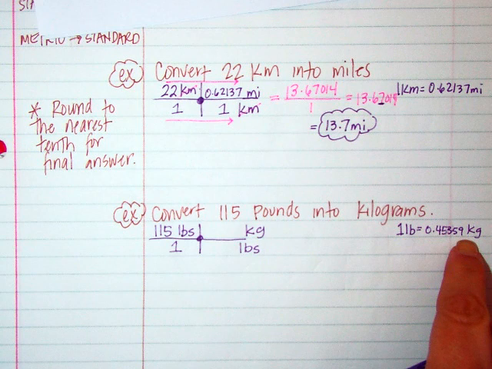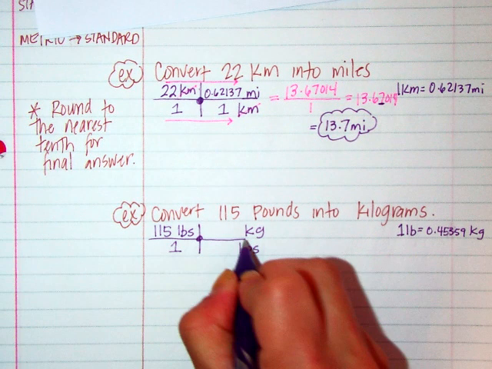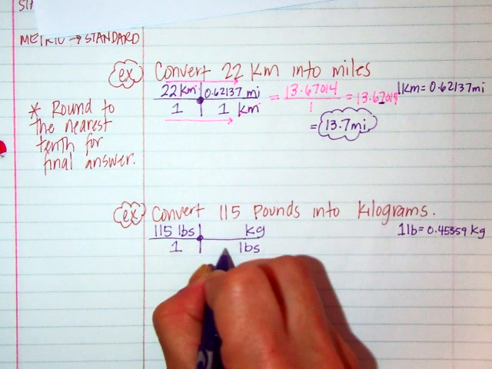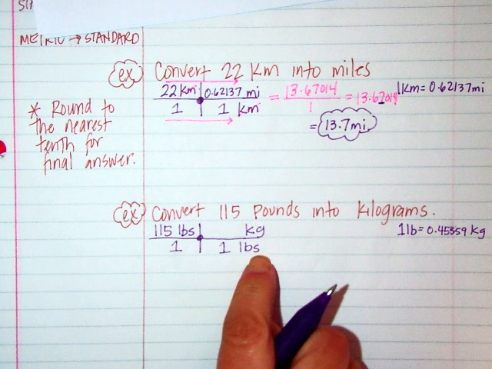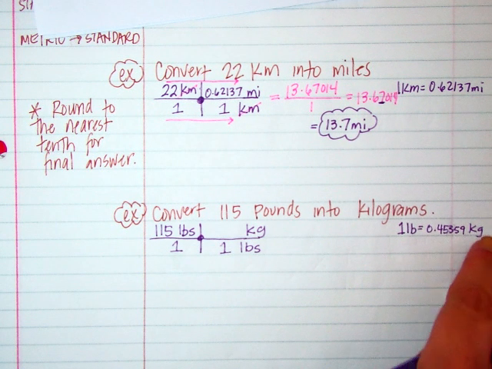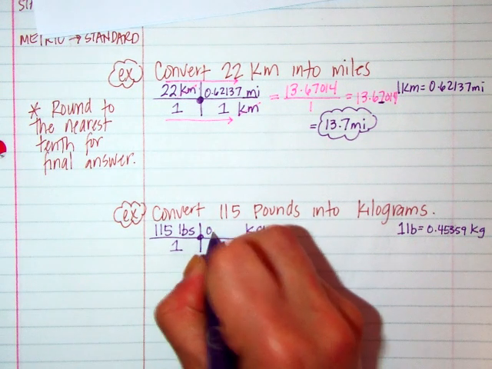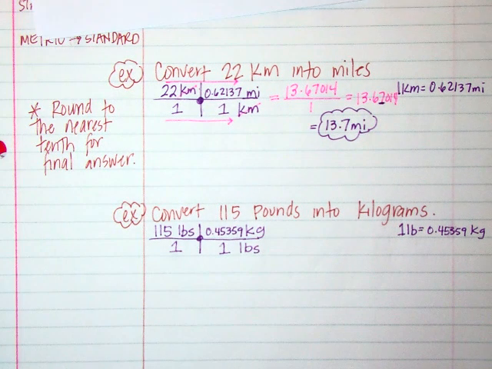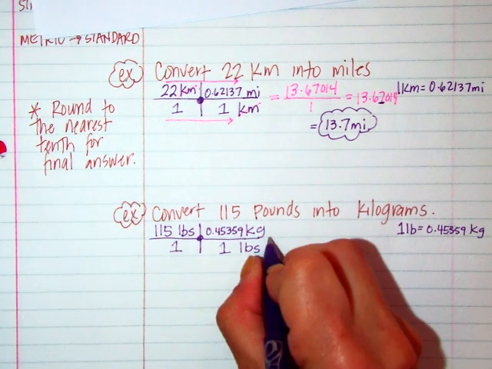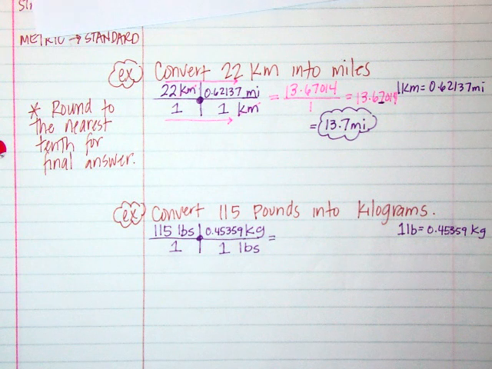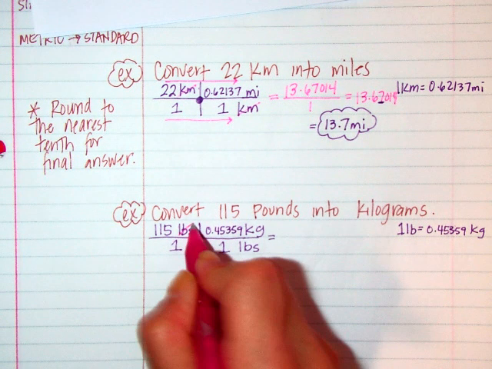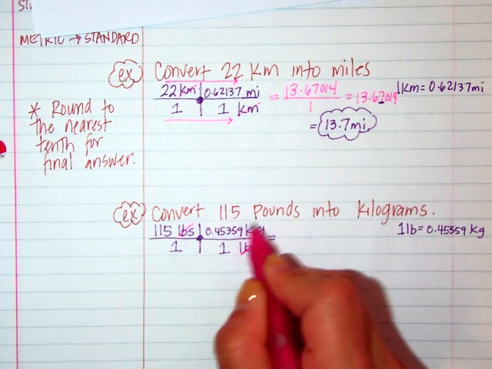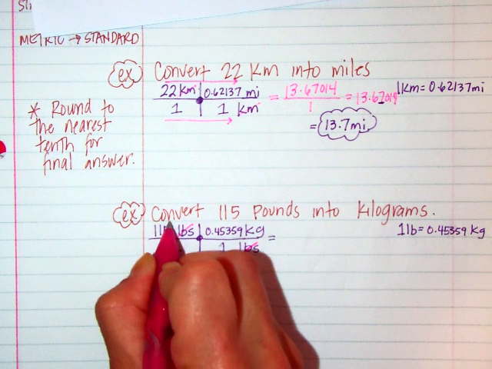Okay. So I know 1 pound, so I'm going to put the 1 next to pounds. And now I'm going to write this decimal for kilograms. So 0.45359. From here, we can now eliminate pounds because now we have kilograms. And now we're going to multiply straight through.